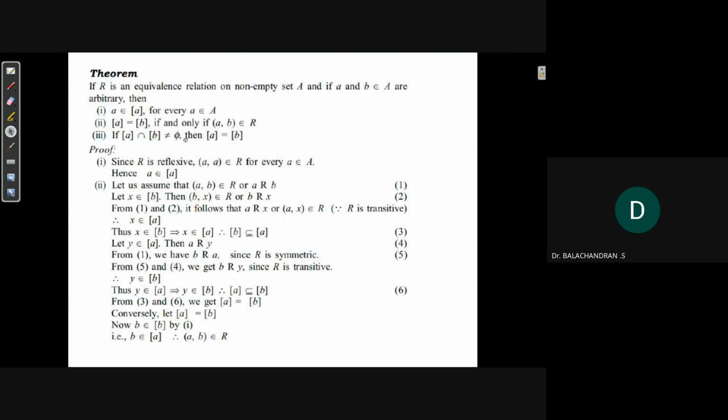So here we already discussed the first and last parts in this proof.